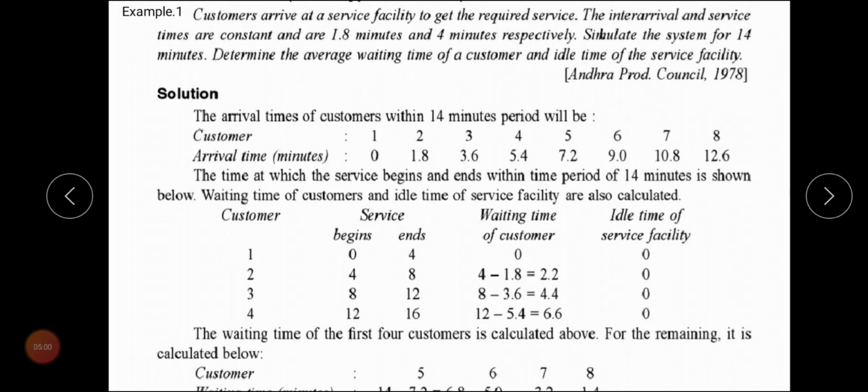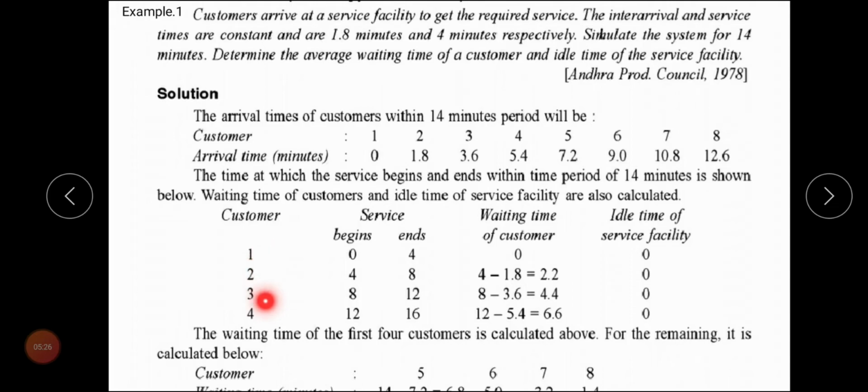But in 14 minutes you cannot satisfy all these 8 customers. These are arrived customers, but the service start and end times differ for different customers, as the service time is 4 minutes. So waiting time for customers and idle time for the service facility are also calculated.